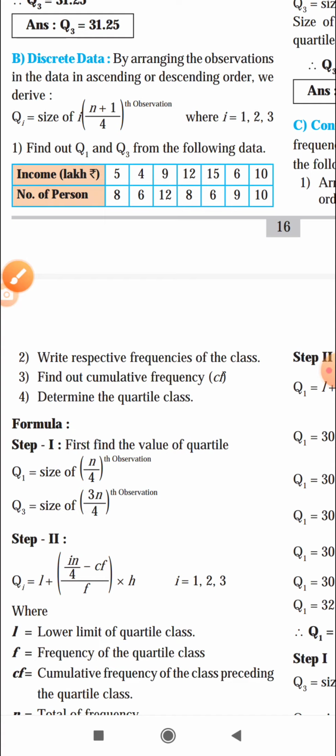If the value of quartile of Q1 or Q2 or Q3 is something like 13, for example it is 13, so 13 lies in which CF?